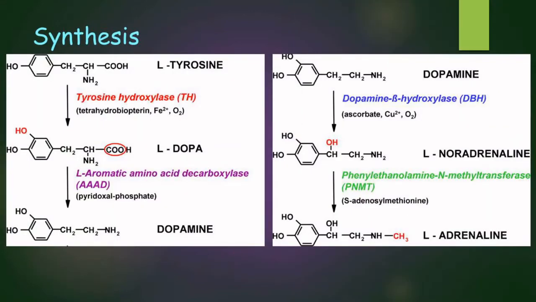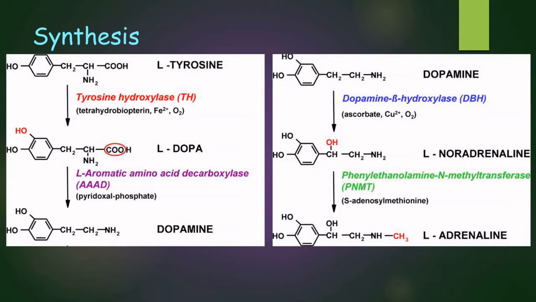So the synthesis of catecholamines is from tyrosine. It's a very small pathway. The tyrosine undergoes hydroxylation by tyrosine hydroxylase. An extra OH group is added over here, and the compound is known as DOPA. In the next step, it is a decarboxylation step. The carbon dioxide is removed, and L-DOPA is converted to dopamine.